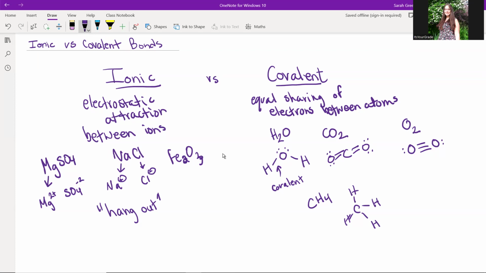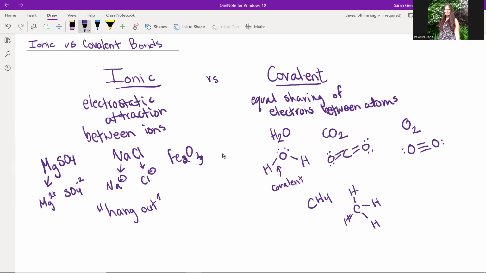Anyway, that's the basic difference between ionic and covalent bonds. Ionic bonds are an electrostatic attraction between ions, and covalent bonds are an equal sharing of electrons between atoms. Ionic compounds typically are composed of a positive and a negative ion. The positive ions are usually metals, but they can also be polyatomic ions.